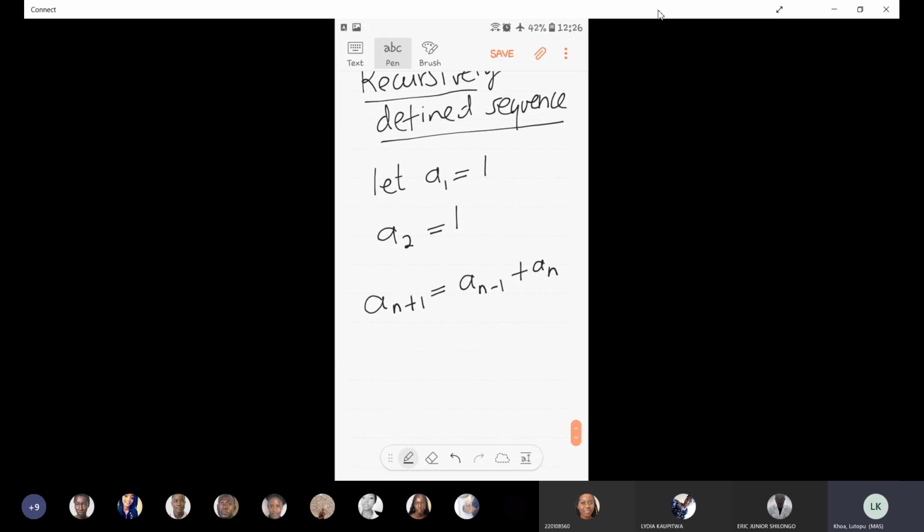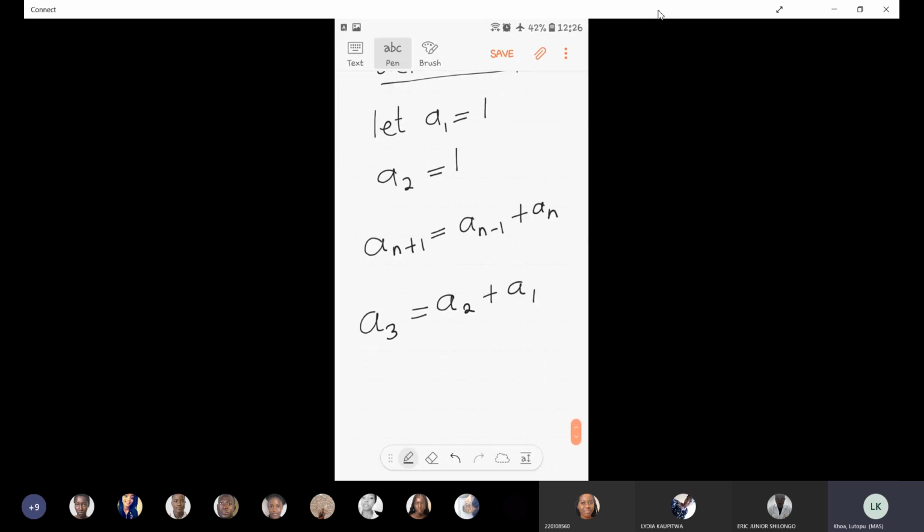What this means is if I want to work out the third term, a3, this is just a2 plus a1. So I have a1 is 1 and a2 is 1.